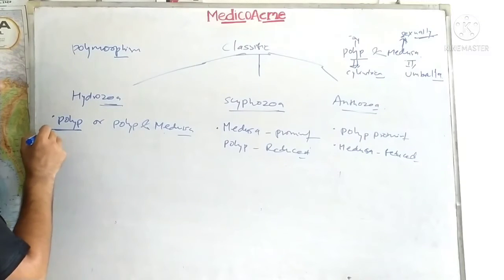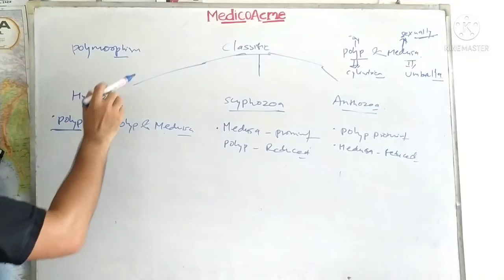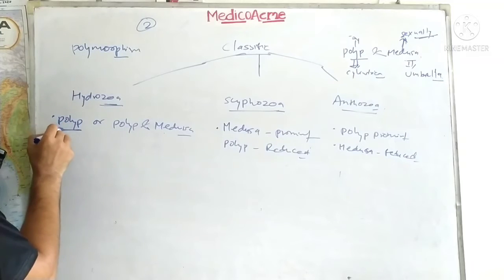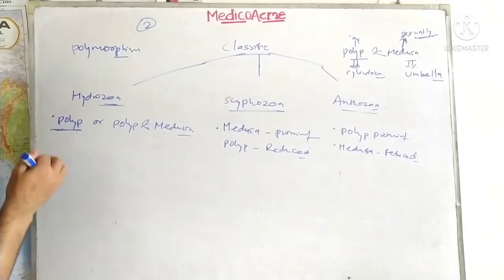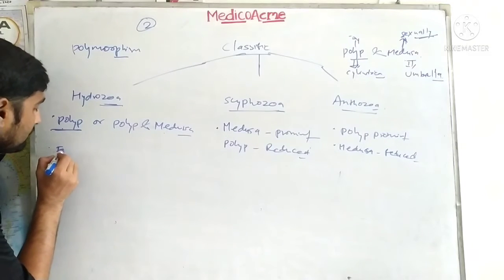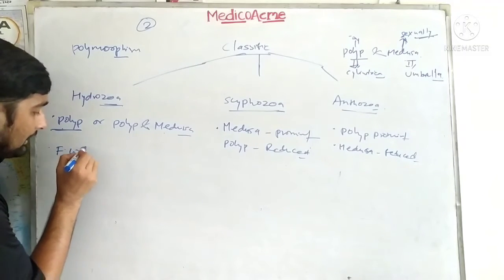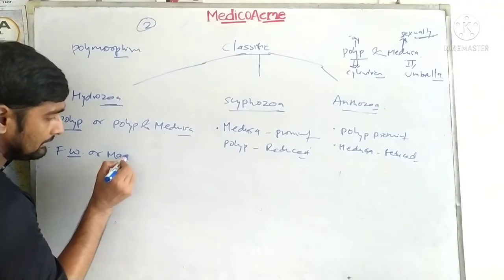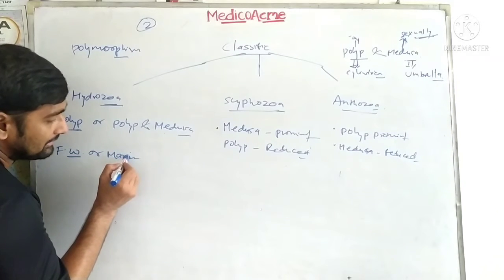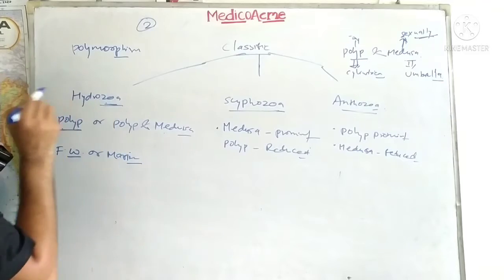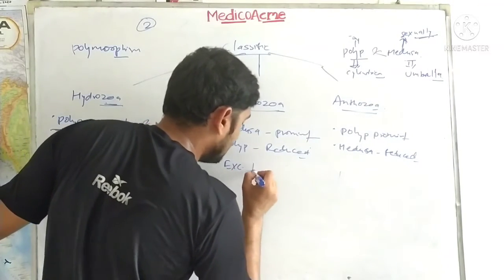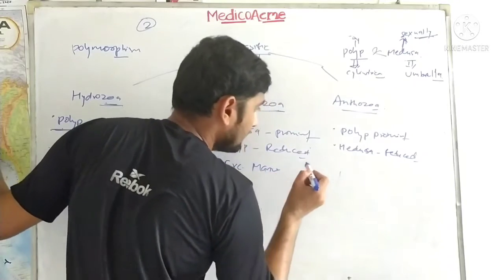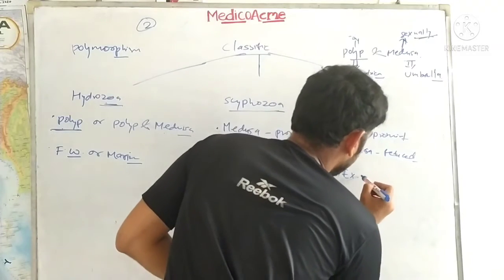This is not the only thing; if you have a 2 marks question and write this, they will definitely give you one mark, because this is the basis of the classification. But the second thing here is whether it is a freshwater organism or marine. So marine and freshwater, in both sources you are going to find the hydrozoa, but this is exclusively marine, and this again is exclusively marine.